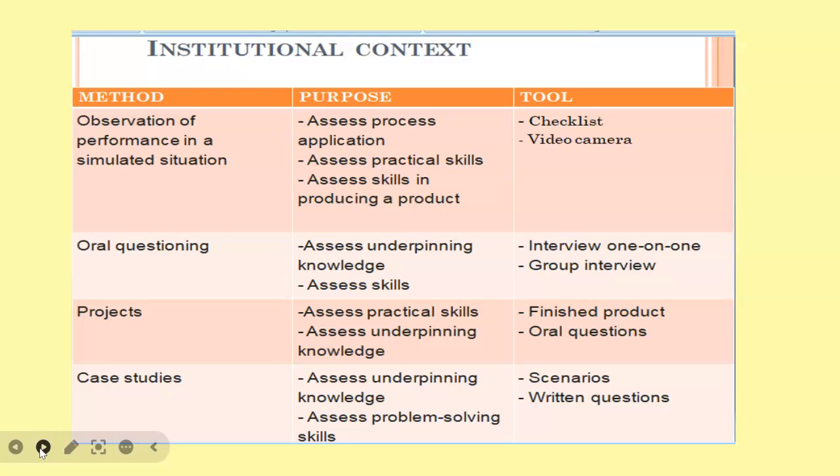Then another method you can use within the institutional context is oral questioning, which aims at assessing underpinning knowledge and skills, and this data can be collected using interviews in a one-on-one or group setting.